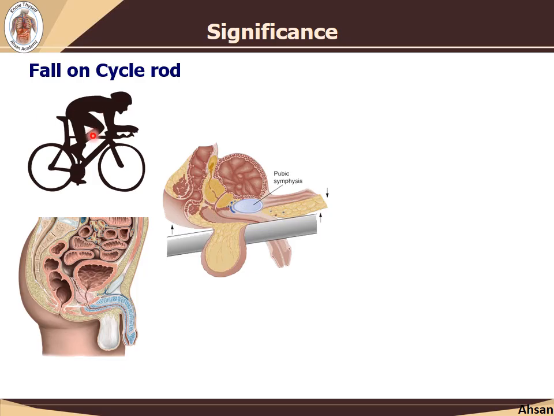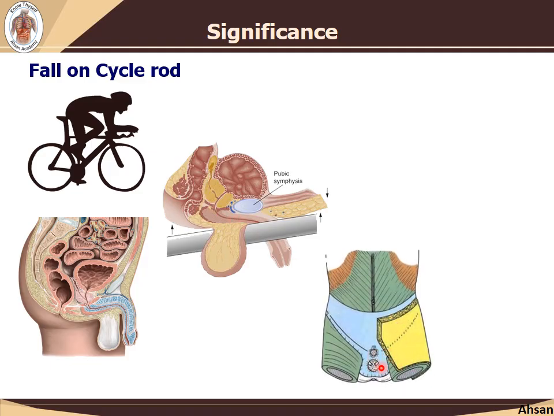The perineum will fall on the rod. So there will be a sudden injury to this part of the penis, and here lies the urethra. The urethra may be ruptured in this case.